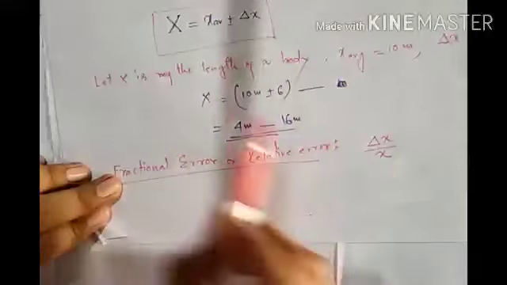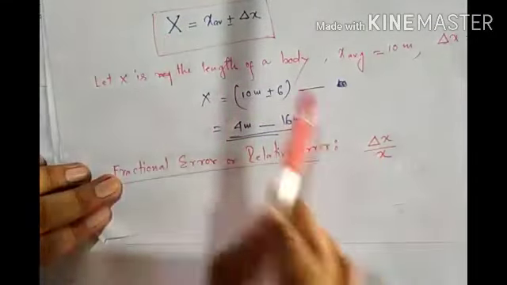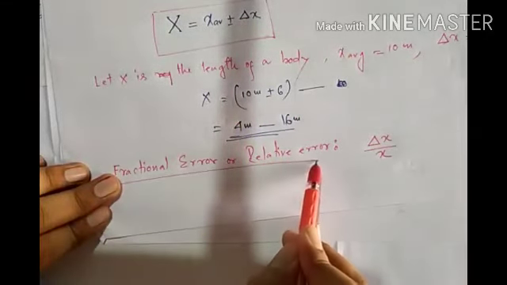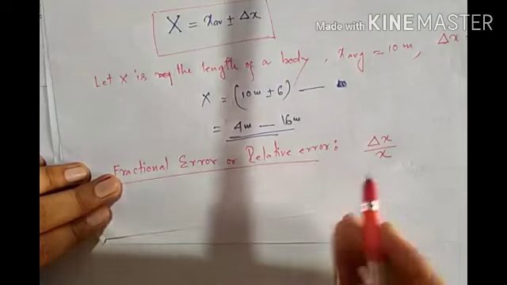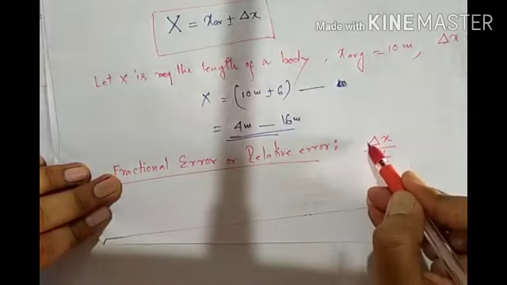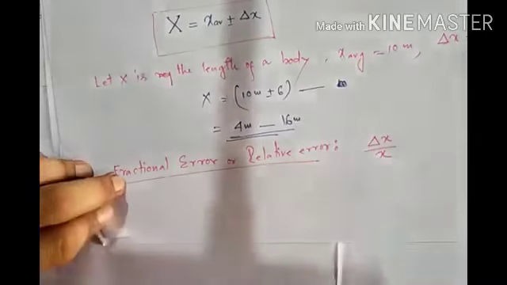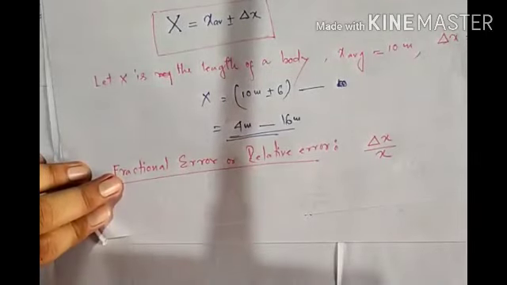This x stands for the result, and this delta x stands for the best possible error. So fractional error or relative error is expressed as the best possible error divided by the result x.